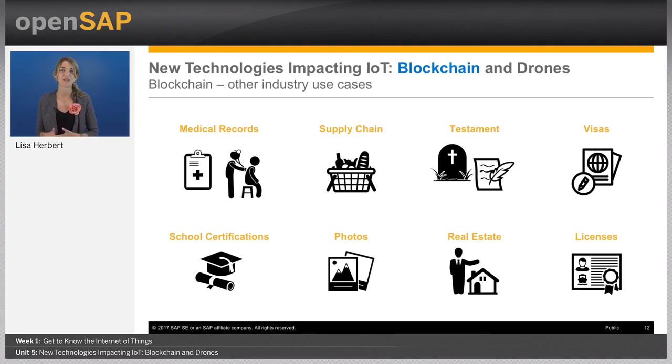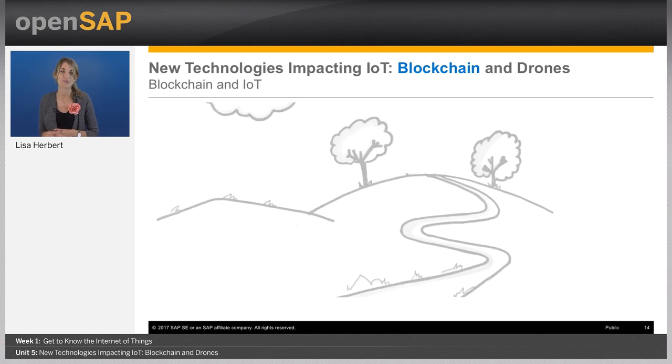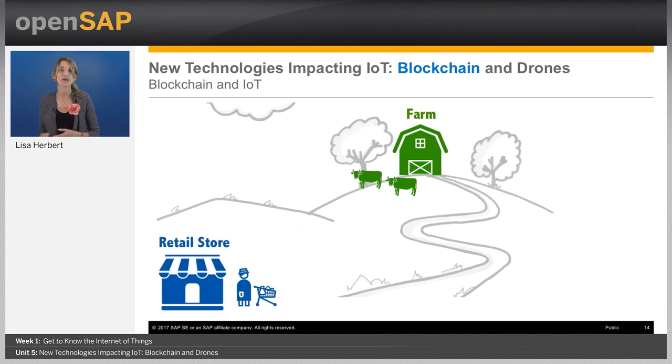Okay, so finally, what does this all have to do with our main topic of IoT? Let me also show you here an example, which will demonstrate the power of blockchain technology combined with IoT scenarios. Let's say there is a farm producing milk from their cows and selling it. Before we can buy the milk in the store, multiple carriers are transporting it, first to a warehouse and then later to a store.